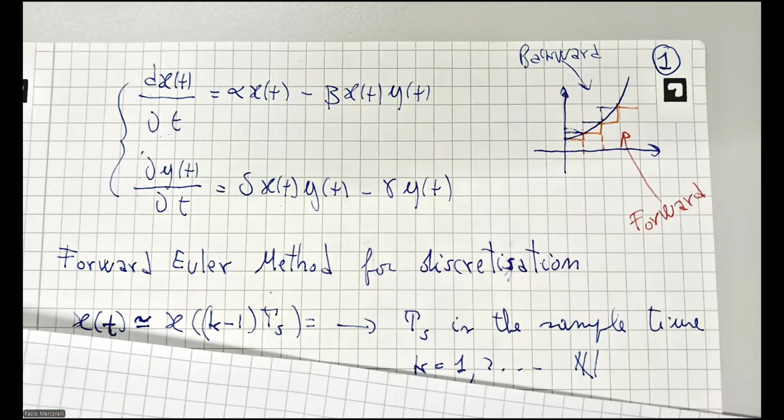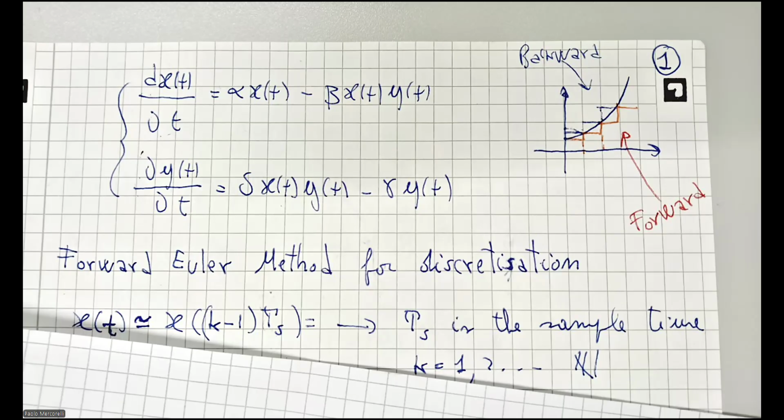Look at this moment at the forward-Euler method, which is most used, but not the best one. It depends on the characteristics of the dynamics. I will come back to forward, backward, and other methods when I tell you about the controller. At this moment, let me go ahead with identification using the forward-Euler.